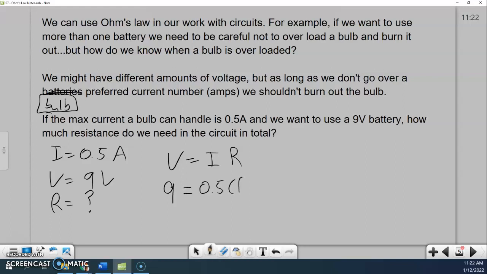Current is 0.5. I don't know resistance. Divide both sides by 0.5. Resistance equals, I need 18 ohms of resistance in total. If I don't have 18 ohms of resistance on this bulb, I am going to have a problem.